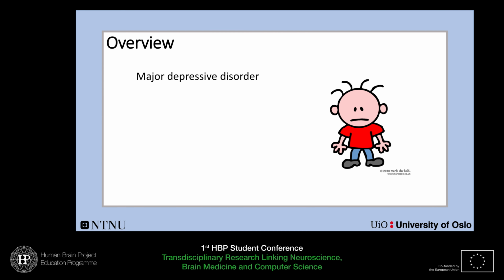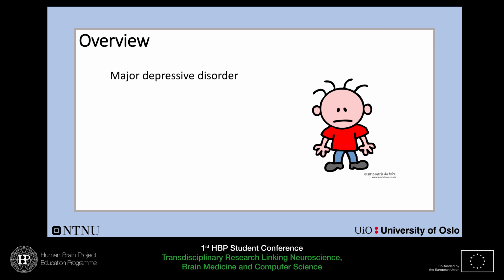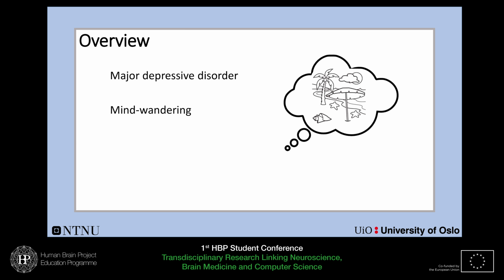And one thing which is very common in depressive patients is that they do a lot of negative rumination. So they're kind of stuck in their negative thoughts. So what then could be different when you compare it to controls might be what they do in their resting state. And what is the resting state?